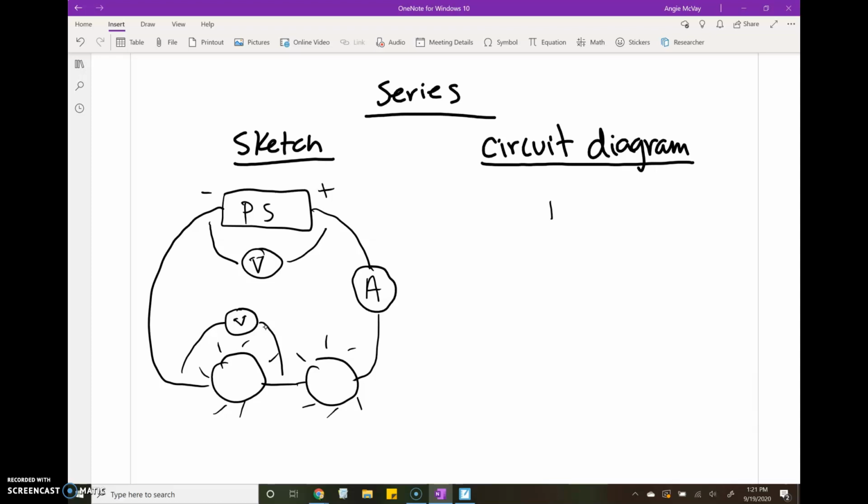And so when we draw a power supply, the official circuit diagram will be square, and power supplies are drawn as a short line and a long line, or a series of a couple short and long lines. That's a power supply.